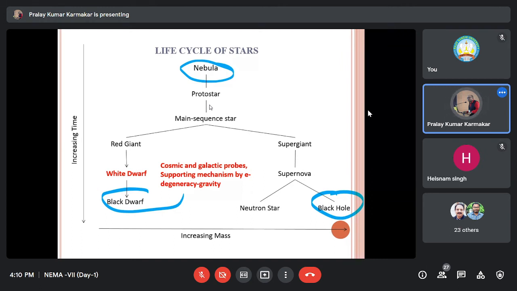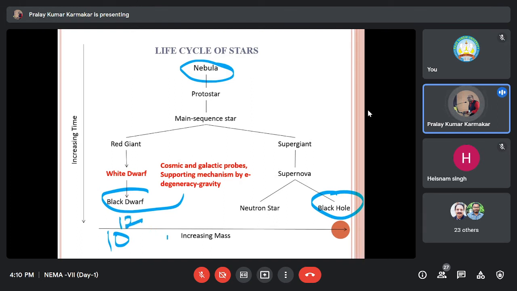If the initial mass is on the order of solar mass, then white dwarfs are formed, and these are compact. Compactness is decided with the help of material density. For example, in the case of white dwarfs, on the order of solar mass, the density is about 10 to the power 12 in SI units.